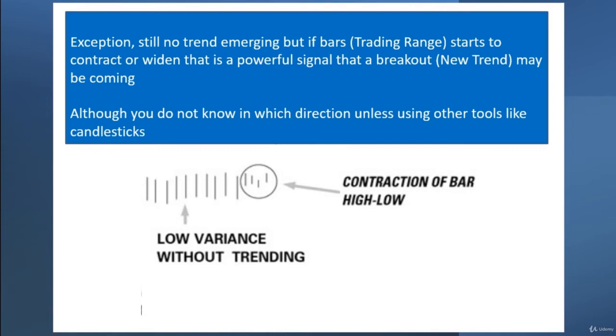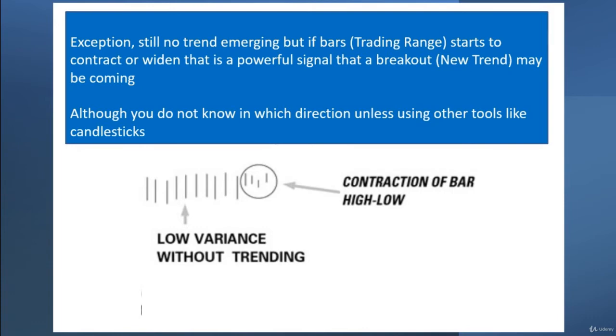But there's an exception when you're looking at volatility. There's still no trend emerging, but if the bars, the whole trading range from high to low, start to contract or widen, that's a powerful signal that a breakout or a new trend may be coming. Although you don't know which direction yet, unless you're using other tools like candlesticks and your other indicators.